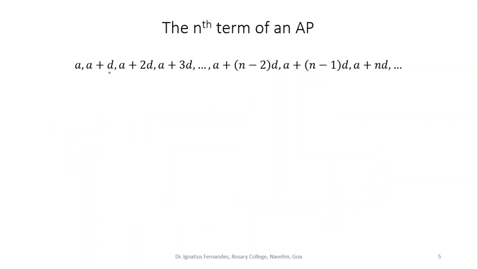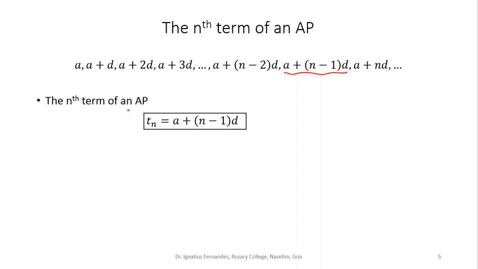So if this is my general form, A, A plus D, A plus 2D, A plus 3D and so on, this is my nth term. The nth term of an arithmetic progression, we say Tn to denote the nth term. So if I have to say the n minus 1th term, I'll say Tn minus 1.